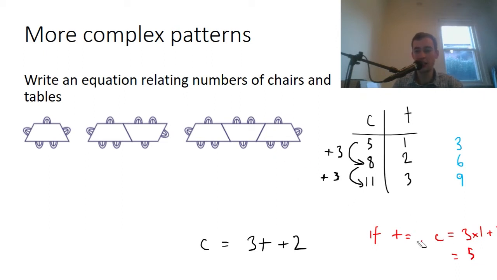So what about if T equals 2, C needs to be equal to 3 times 2 plus 2, which is 6 plus 2, which is 8. So that works as well. And if T equals 3, then C is equal to 3 times 3 plus 2, which is 9 plus 2, which is 11. So this works for all of them, this formula.